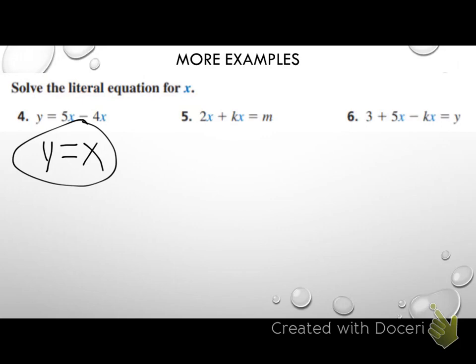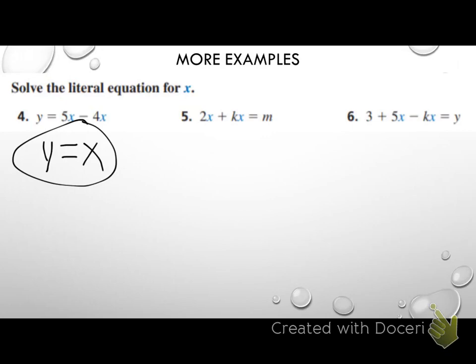Questions on 4? If you can combine like terms, combine like terms. Okay? Number 5. 2x plus kx equals m. Do I have like terms here?